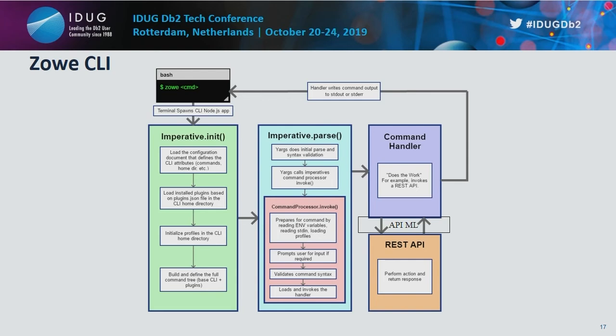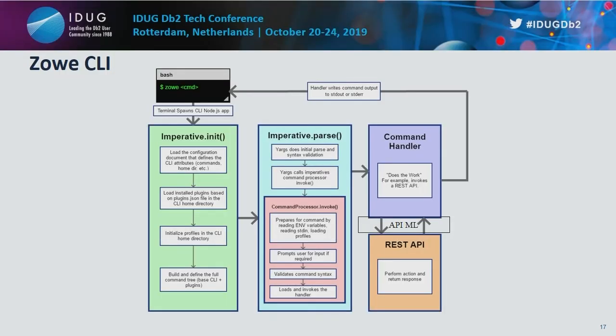A little bit about the imperative CLI framework. I'm not very knowledgeable to talk about this, but the basics are that the CLI guys really built the architecture around CLI so that it's easier to extend it.